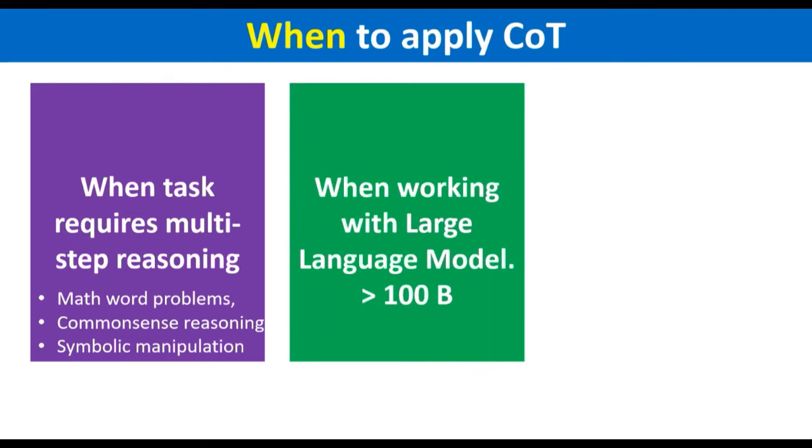Number two, a large language model is used, because if you try to enable chain of thought in a language model with less than 100 billion parameters, the results are not impressive, and you may not be able to achieve the kind of reasoning ability you are looking for. So if you're planning to apply chain of thought for your task at hand, you also need to consider that your model size should be greater than or equal to 100 billion parameters.